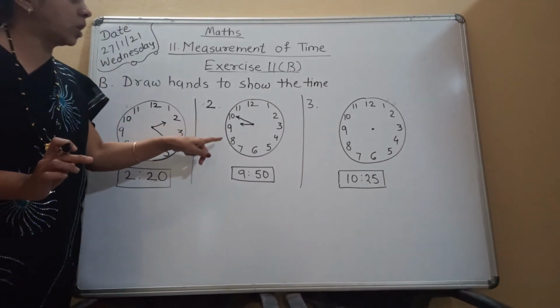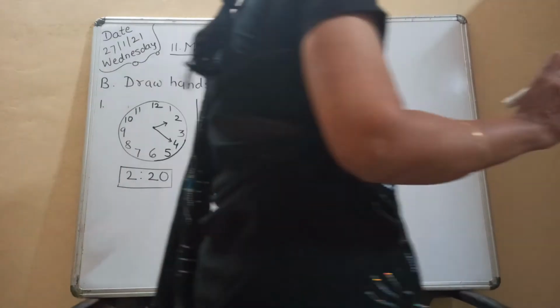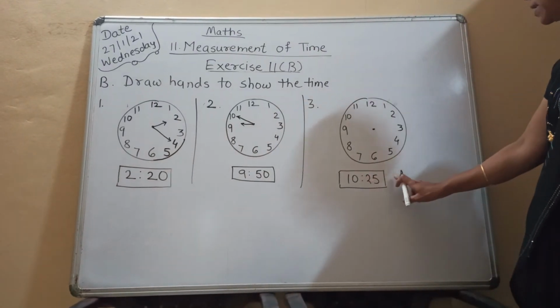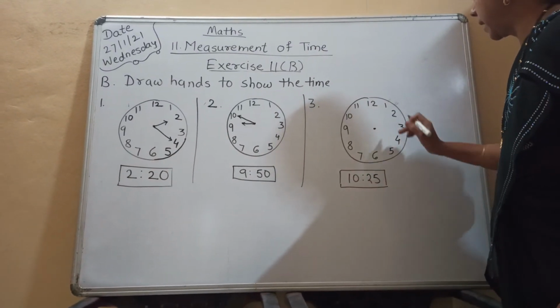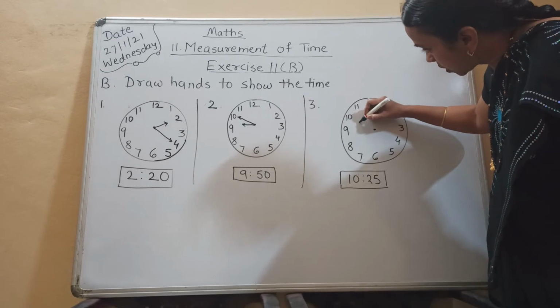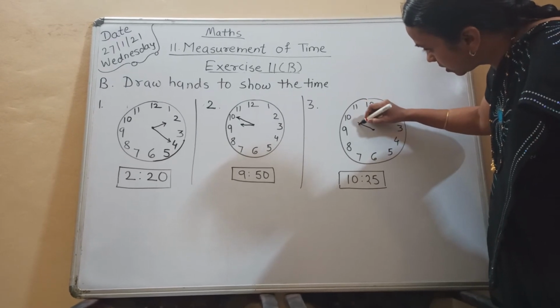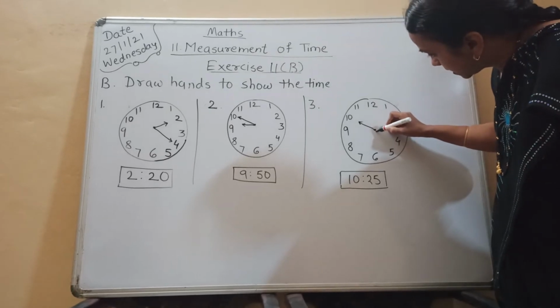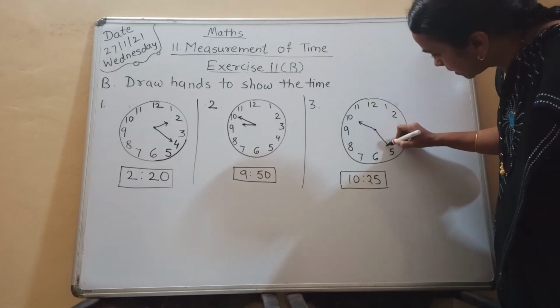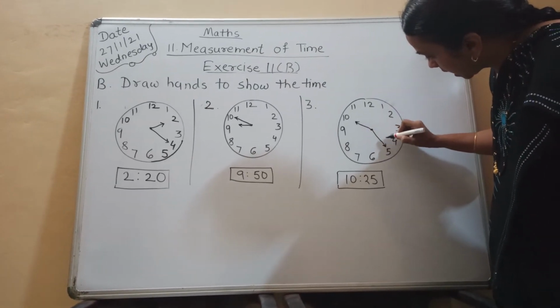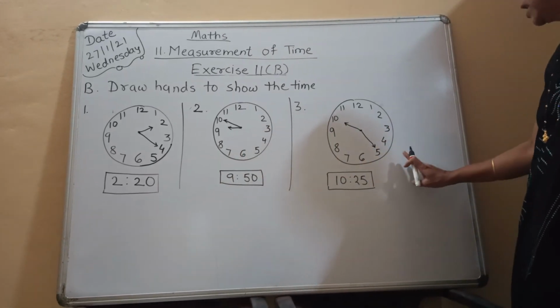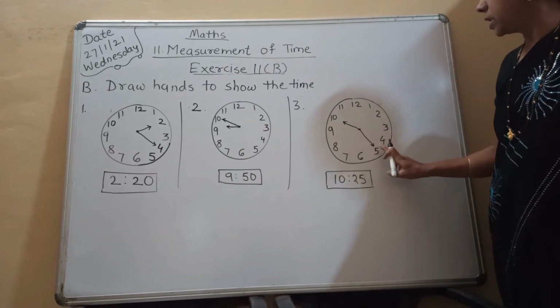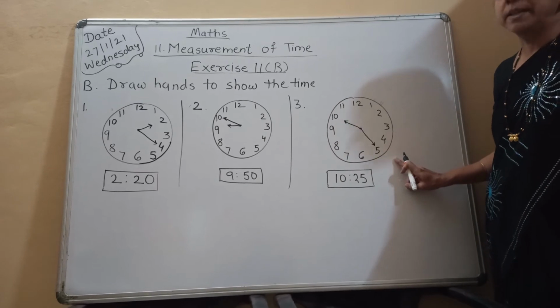Okay, so draw like this. Now see what time is given, 10:25. So short hand is towards this 10 and 25 means this longer hand is on 5. So like this you have to draw with the help of your scale and pencil.